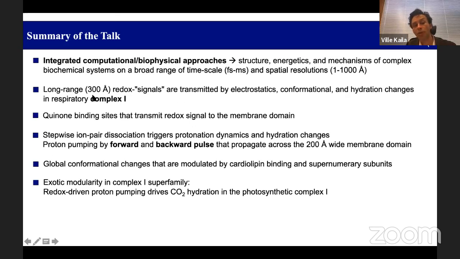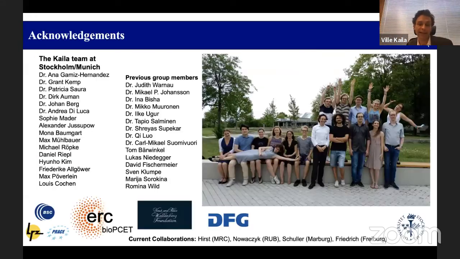I described how we think this long-range redox signal propagates around this system. I showed you some evidence for how we think the substrate chemistry takes place in the system. And then I presented a mechanism that involved both forward and backward propagation of a pulse in this system.